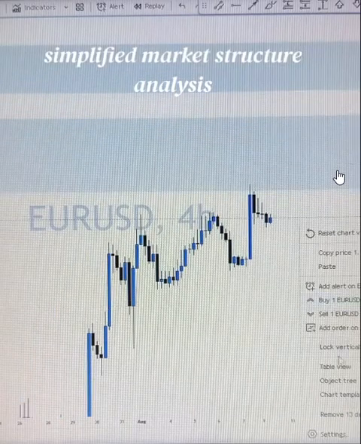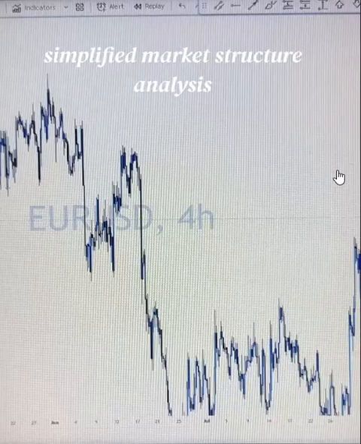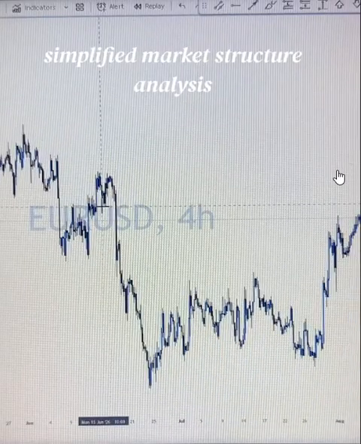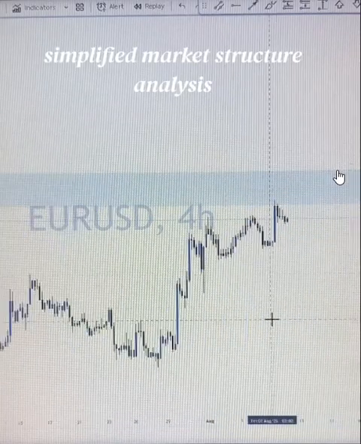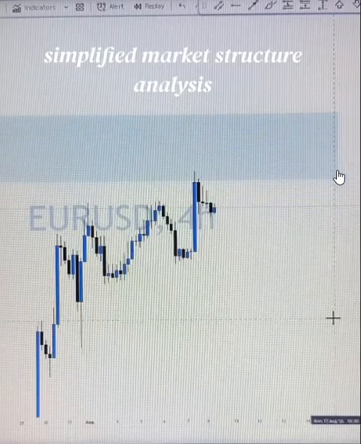We clear our chart. Yes, we clear our chart. Then after clearing our chart, we take note of the key level. Remember, price is already at the key level.